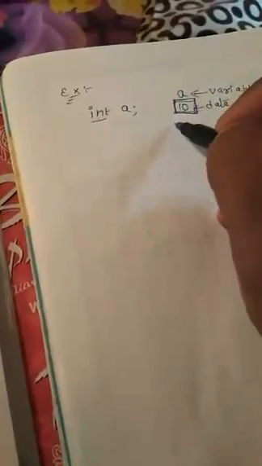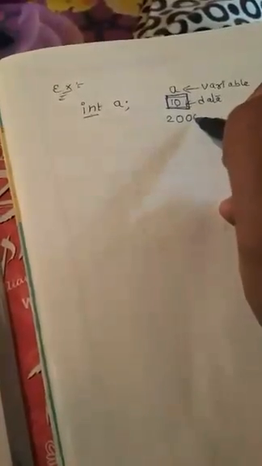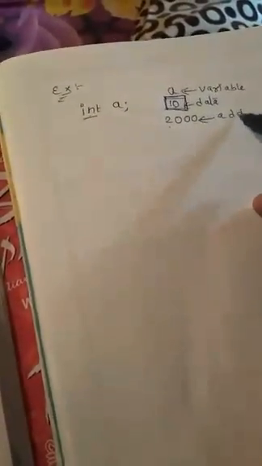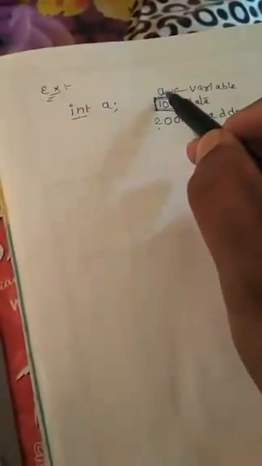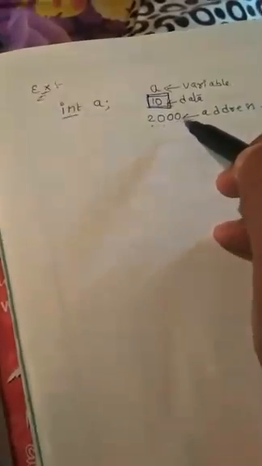In memory, every cell is represented with some address, say 2000. I'm just writing 2000 as an address. So this is the variable, this is the data, and 2000 is the address of this variable.